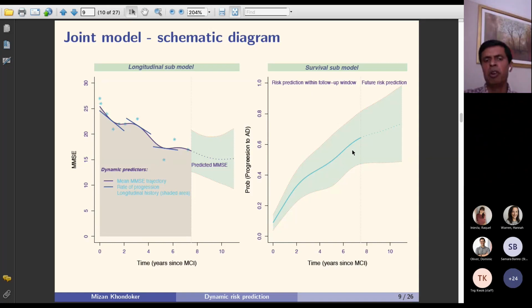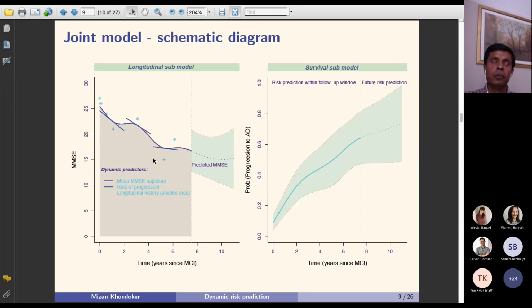So from a joint model, you can estimate both. You can estimate the longitudinal process as well. This indicates the estimated part of the model. So you can predict MMSE as well as the future risk of developing Alzheimer's disease based on a joint model. So it's basically a two-way model.